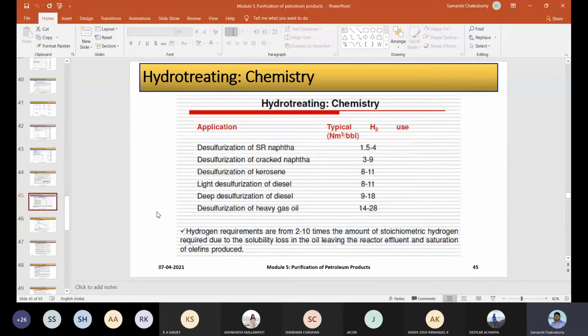If I ask in the examination, based on the molecular weight of your hydrocarbon feedstock, to provide an idea about the H2 requirement in your hydrotreating process, just by looking into this chart and explaining it in a proper way, you should be able to answer that for heavier feedstock, your hydrogen requirement would be on the higher side, and for a lighter feedstock, your hydrogen requirement would be on the lower side.